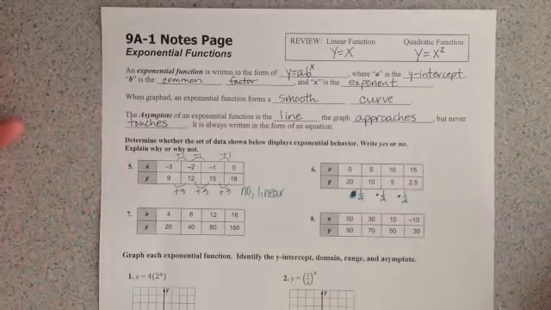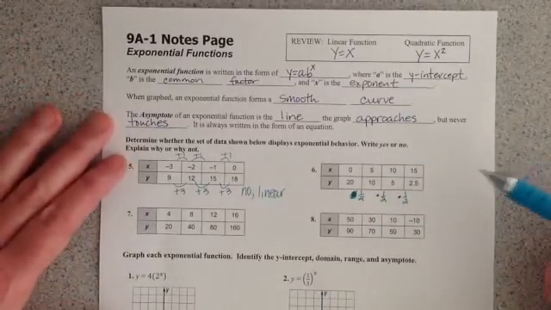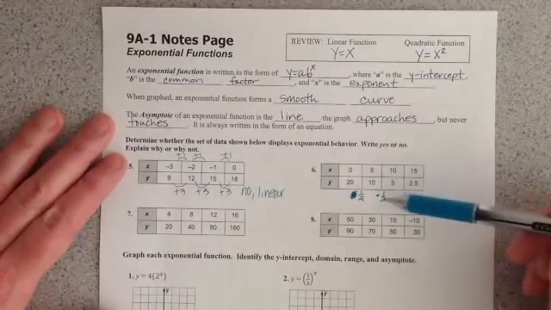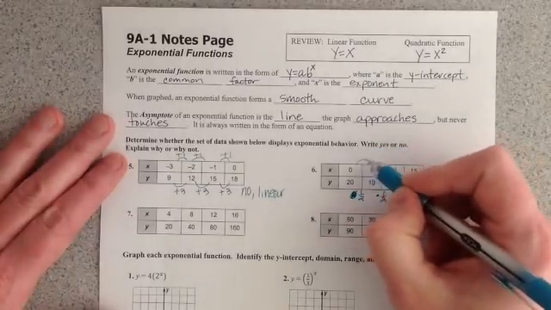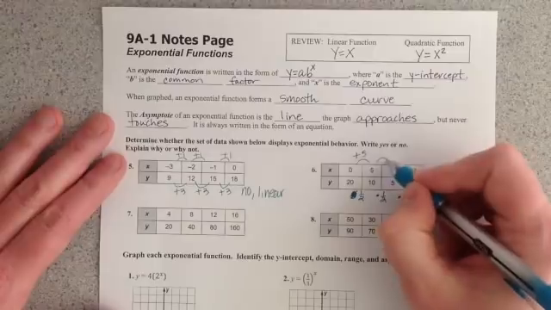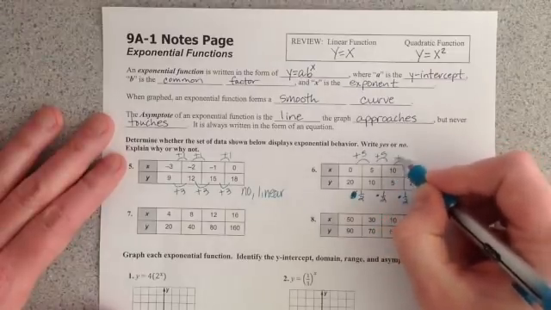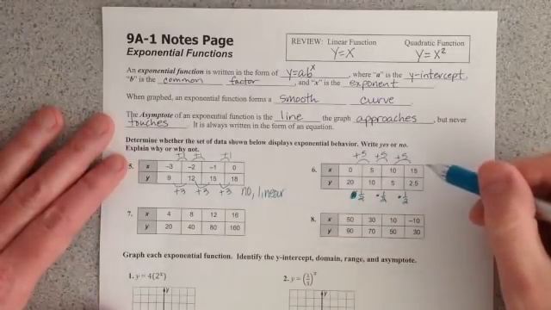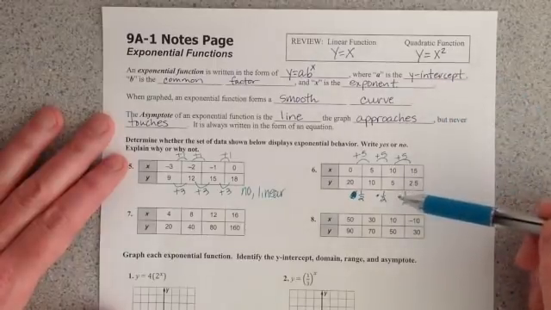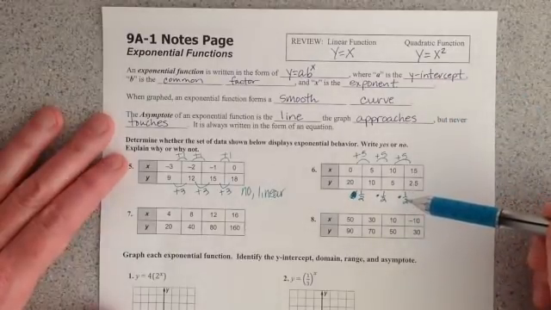Now if you can't figure it out, then just take your calculator and do 10 divided by 20 and you get 1/2. Or 5 divided by 10, you get 1/2. 2.5 divided by 5, you get 1/2. In the x values, we're adding 5 to each one. Now in the x values, you need to be adding the same number. In the y values, you would be multiplying by the common factor.